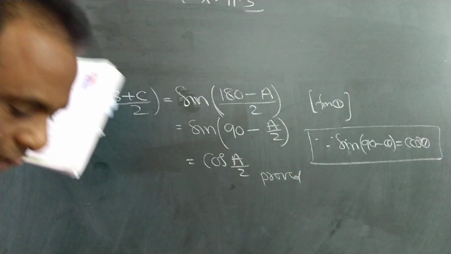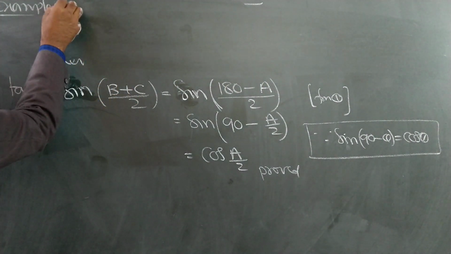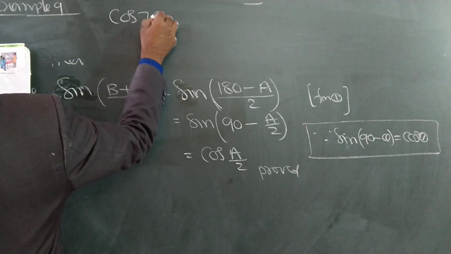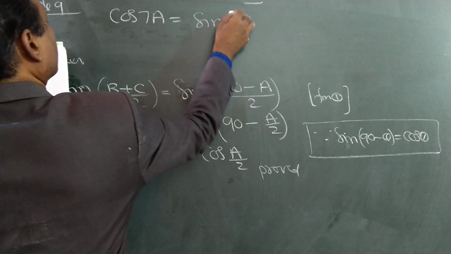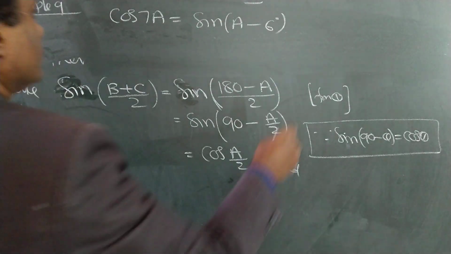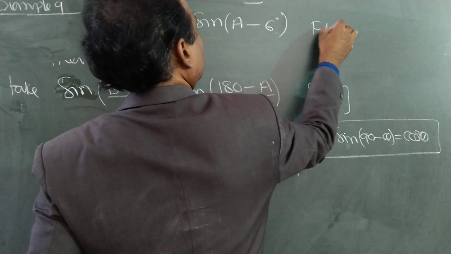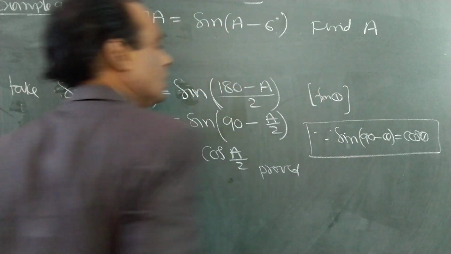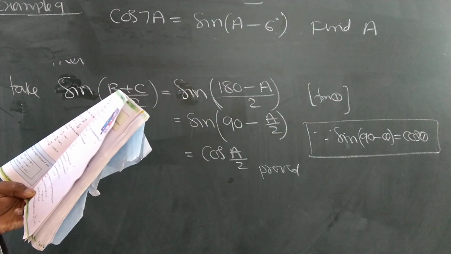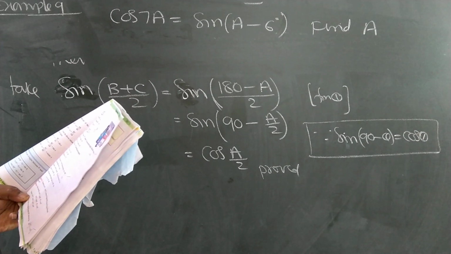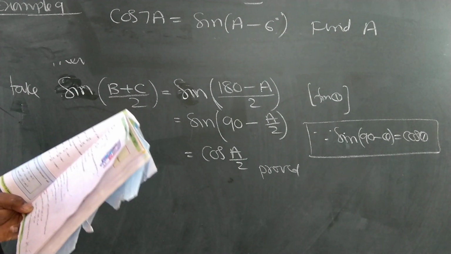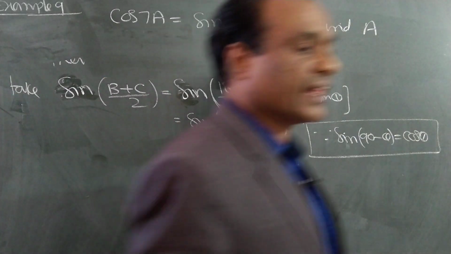Students, one more example I am solving, example 9. See the textbook. Cos 7A is equal to sin of (A minus 6 degrees). Find A. That is the question.